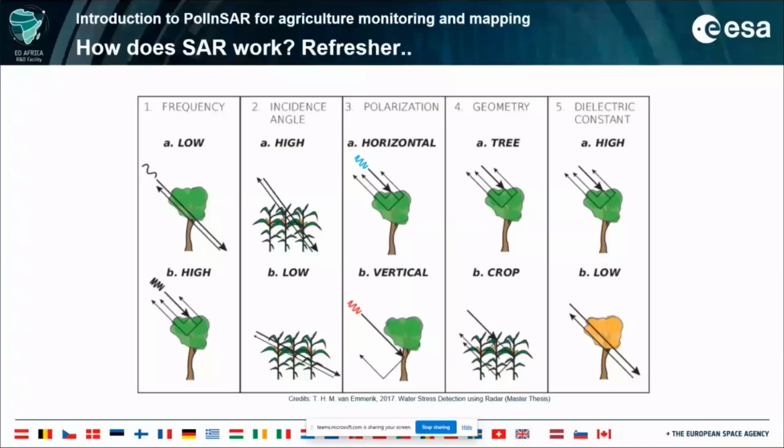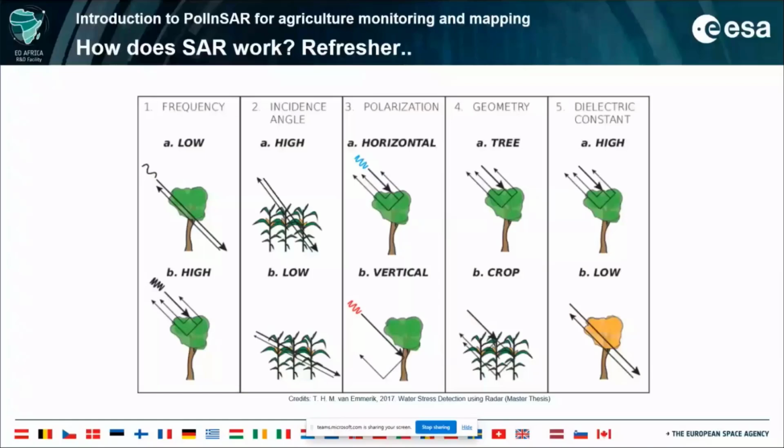Complex structures with varying heights and densities, such as forests, lead to diverse scattering mechanisms, including multiple scatterings between branches and leaves. And regular row geometry in crops like corn creates anisotropic scattering patterns, affecting radar signal attenuation and phase shift.